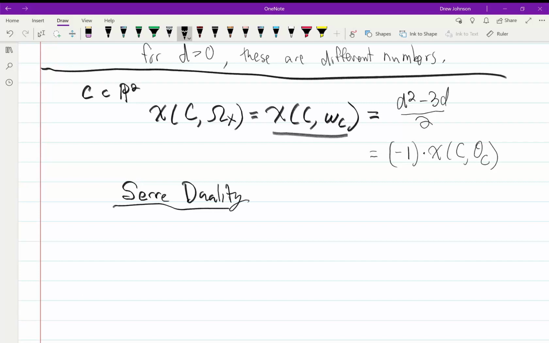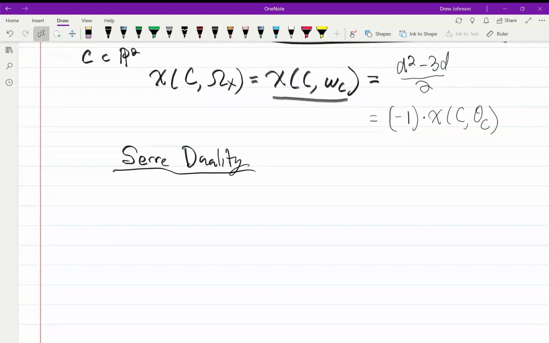This works for any coherent sheaf on a smooth variety. In fact, you don't quite need smooth, but smooth is good enough. And it says that if you look at the p-th cohomology group on X of any coherent sheaf F, and let's take the dual of that. This is a vector space, so we can just take the vector space dual.